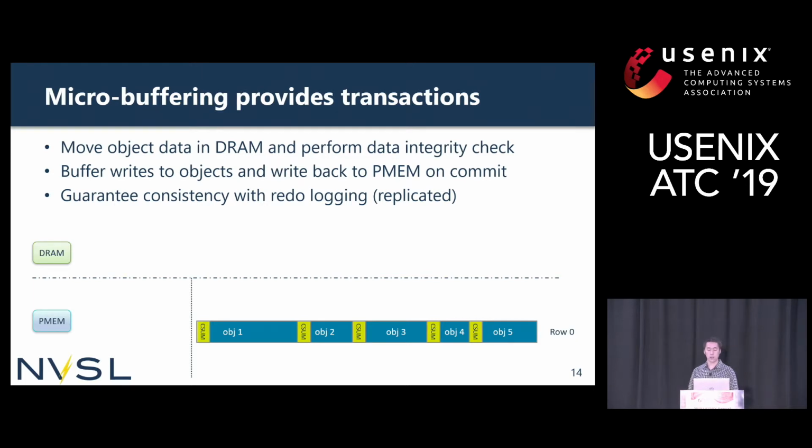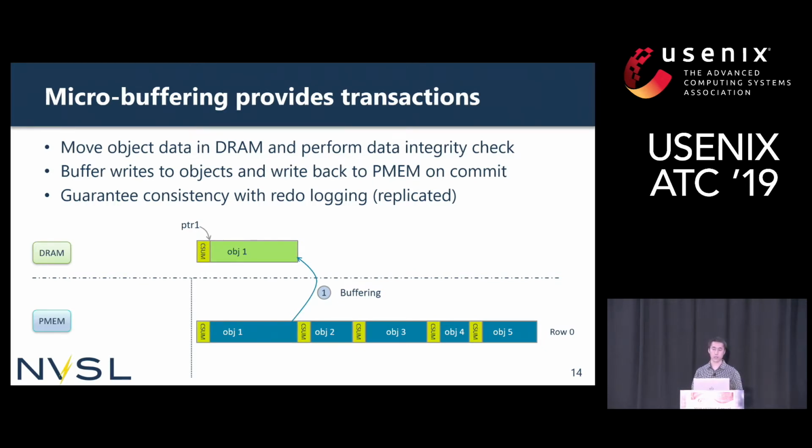As mentioned, Pangolin introduces microbuffering to provide transactions. When the application wants to modify a PMEM object, Pangolin creates its microbuffer and transfers the object's data from PMEM to its buffer. In this process, Pangolin installs a signal handler to watch for SIGBUS and verifies the object's checksum to detect hardware-undetectable errors.